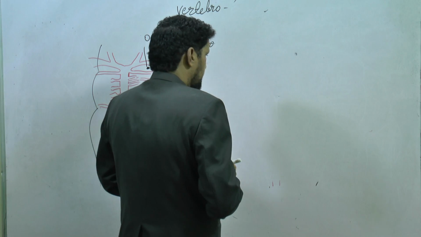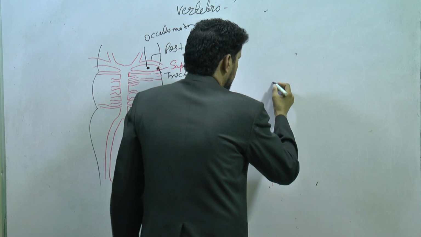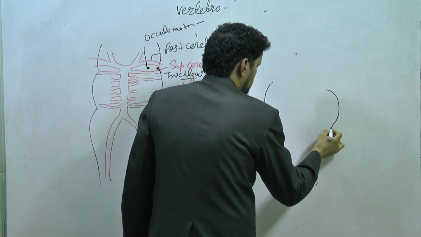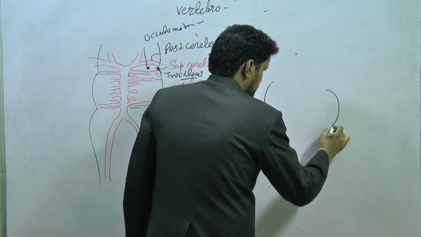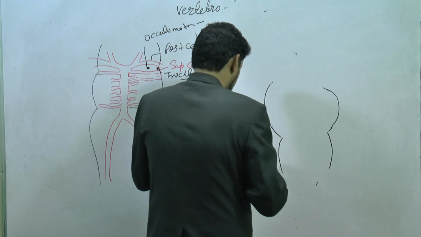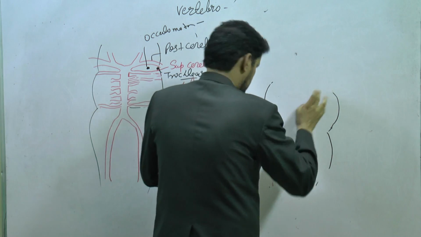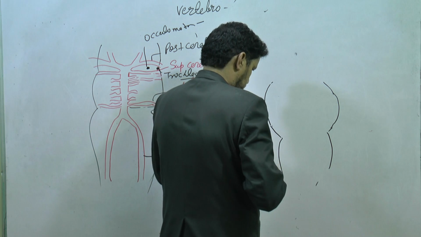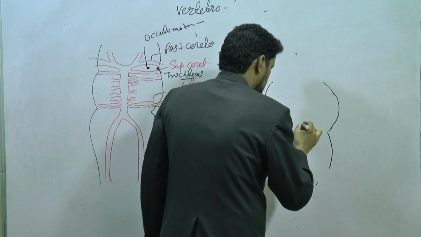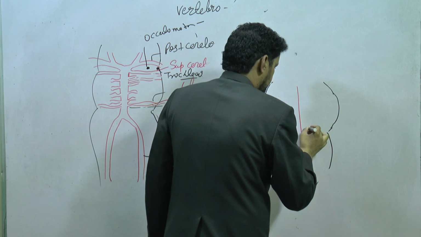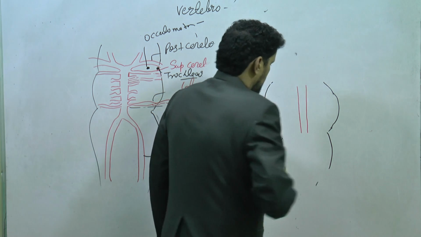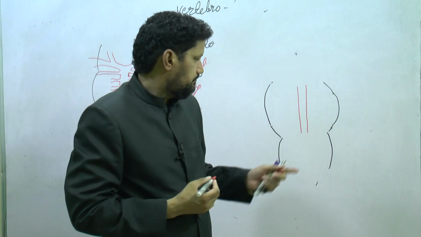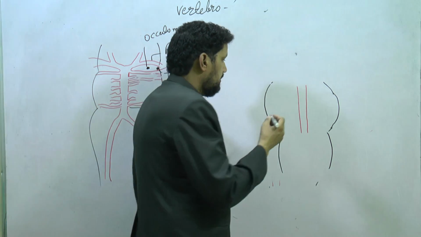In the upper part of the pons, the artery is the basilar artery and running in the anterior median sulcus of the pons.